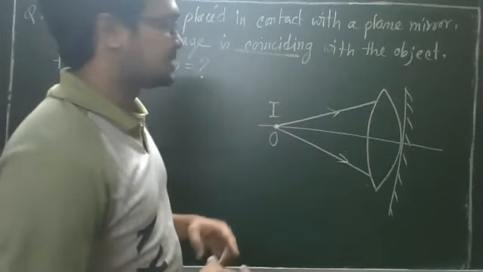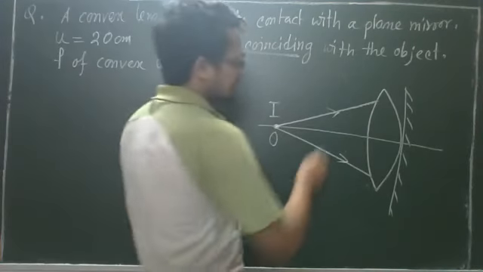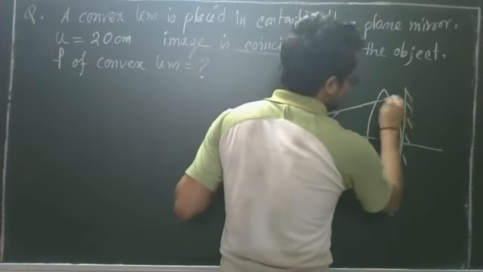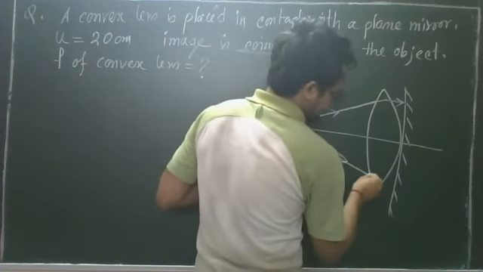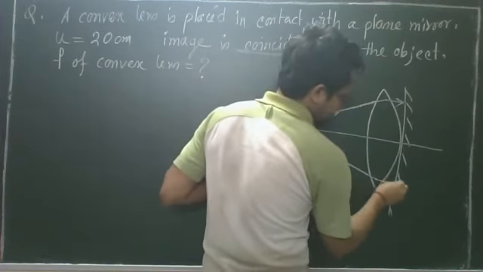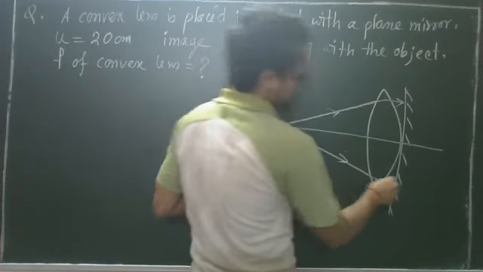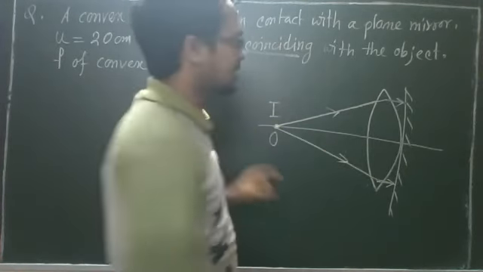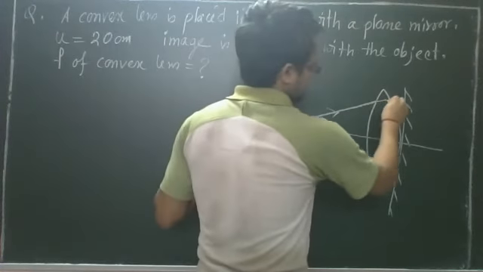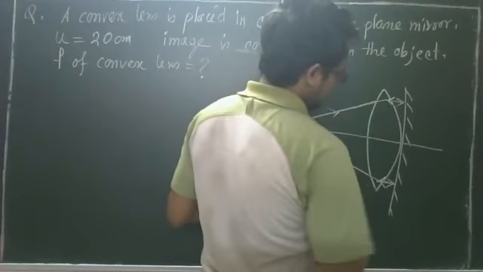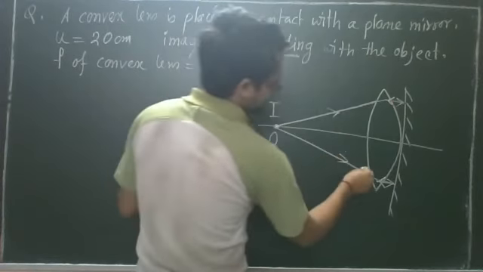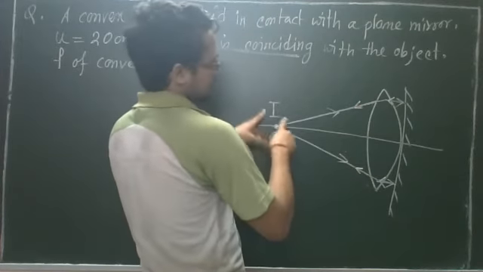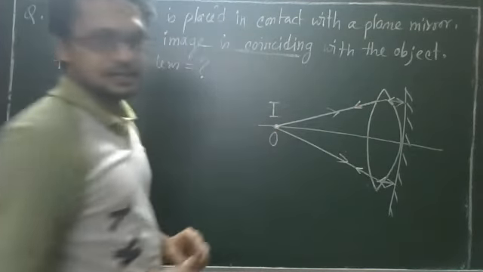So after refraction, the rays will go perpendicular to the plane mirror. If it is incident perpendicularly, it will return back to the same path, and after refraction, it will follow the same path, and they will meet at this point, so that image and object will coincide.